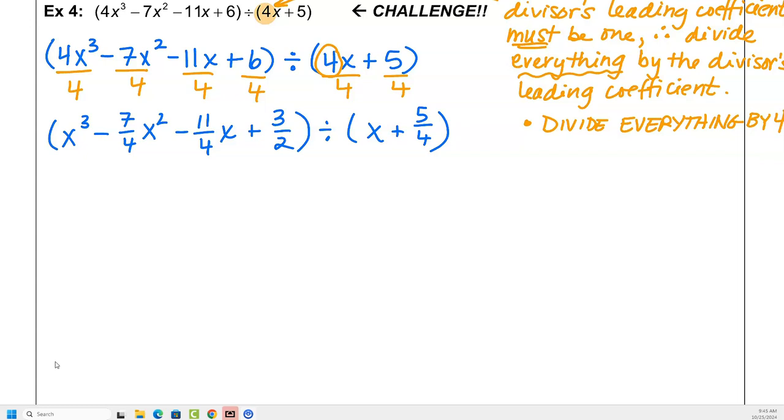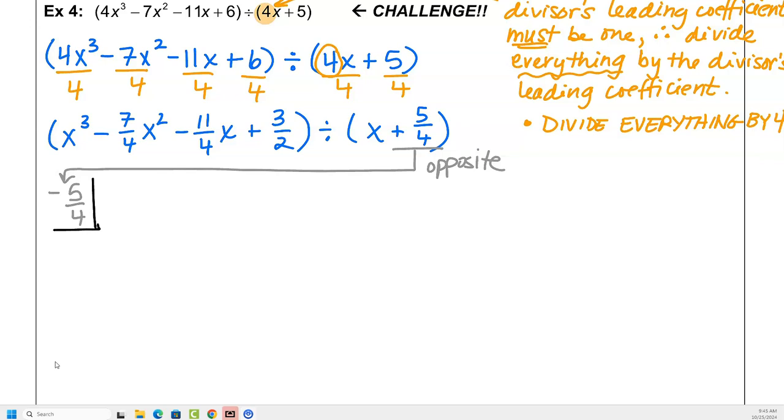So I will set up my window. I'll set it up nice and tall for the fraction. And I'm going to take the number that's in this location, that 5/4. I'm going to take the opposite of that 5/4, which is negative 5/4. And then I'm going to take the coefficients here. Do I have any missing terms in this problem?